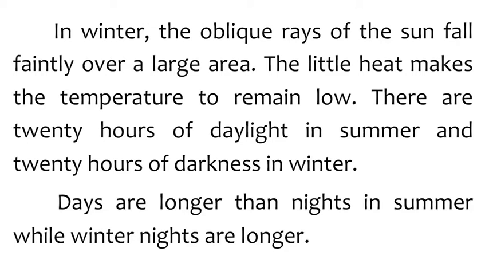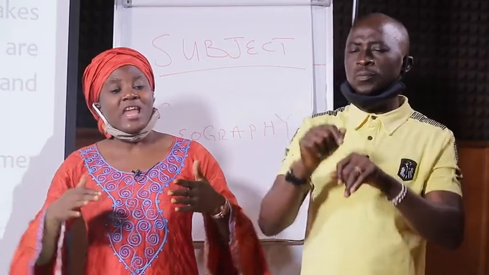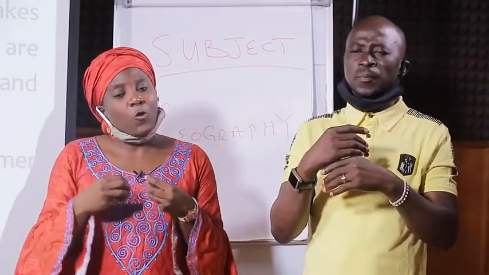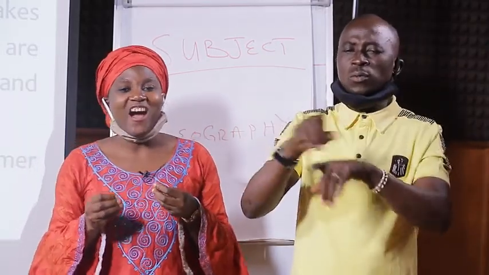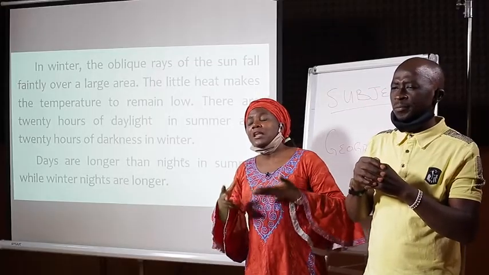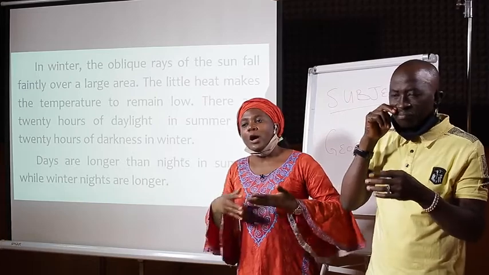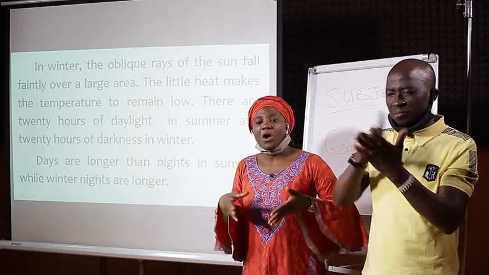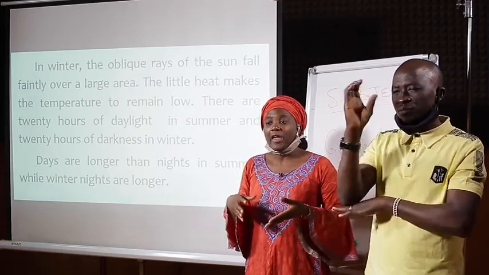That is that. And then we said days are longer than nights in summer, while winter nights are longer. To make it easier, we'll say when it is cold, our nights are longer. When it is hot, our days are longer. Commonly here in Nigeria, you find that our nights are longer around the December period, around the Christmas period, the holiday period.